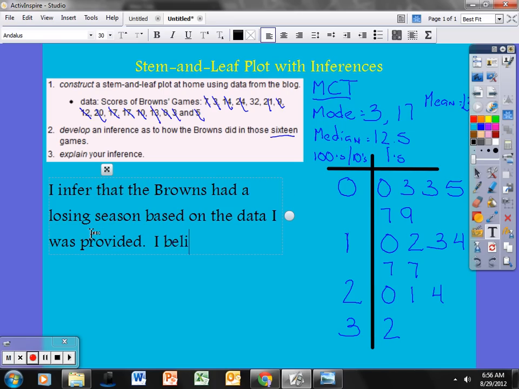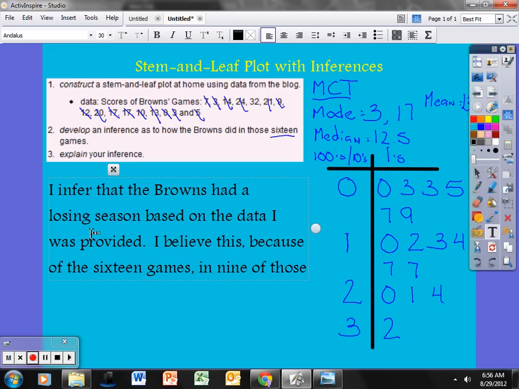I believe this because of the 16 games, plural, in 9 of those games. Let me just double check that. What is it indeed? 9? 1, 2, 3, 4, 5, 6, 7, 8, 9.